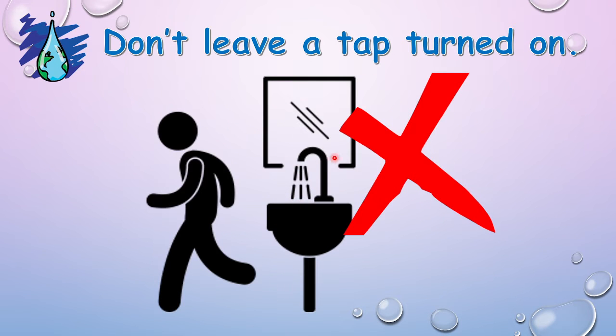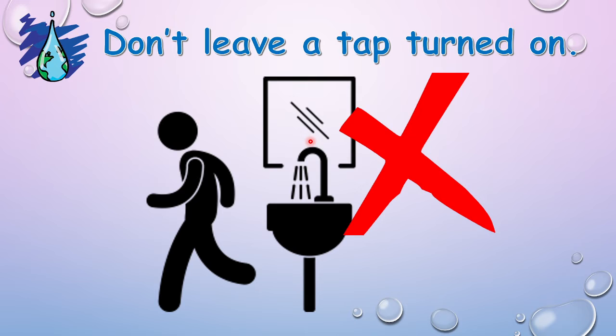This one is the tap where we usually get water. So sometimes we forget to turn off the tap, we leave and it's still on, right? So that one is an example of wasting water.